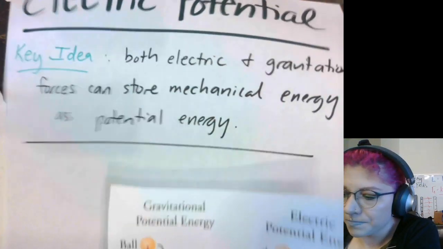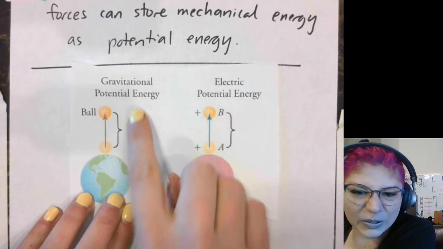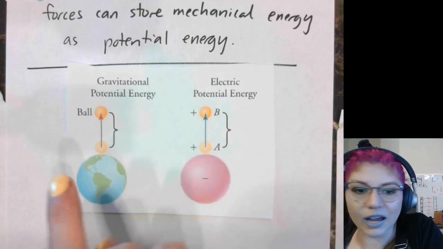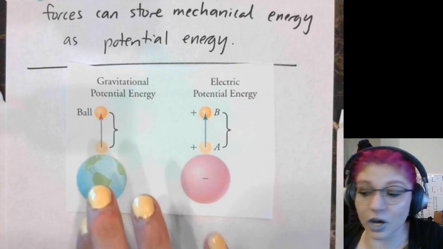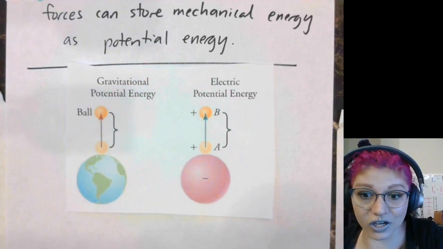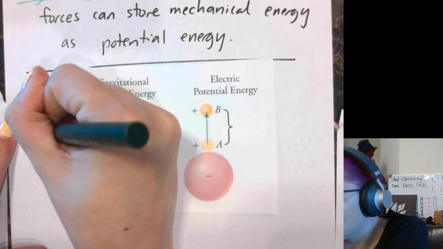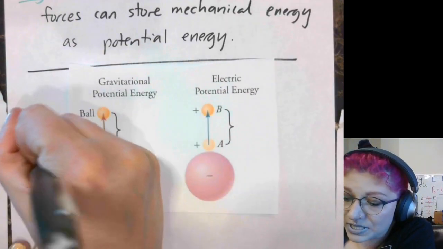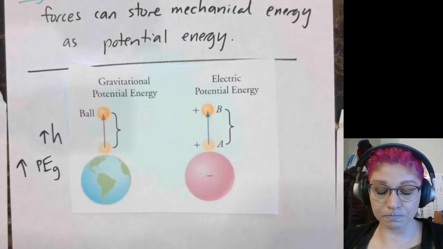We know that in the more classical sense of potential energy, so gravitational potential energy, as we lift an object higher and higher above our reference point, so as that height increases, our potential energy due to gravity also increases.